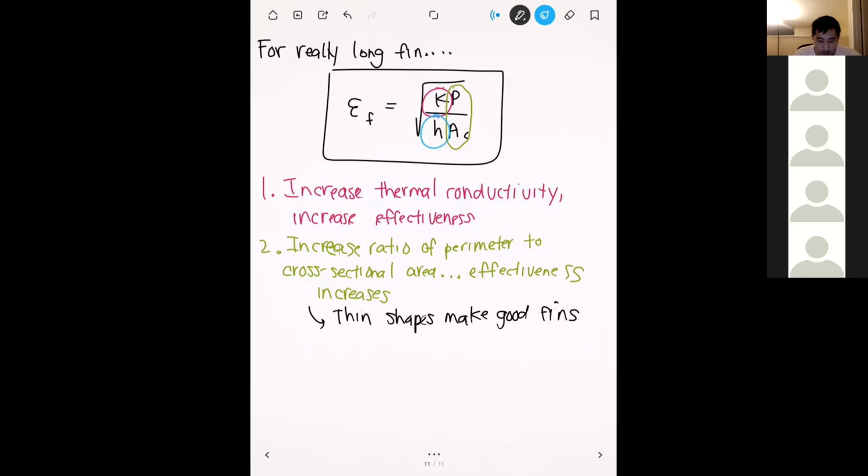Okay. And so the last one I want to highlight here is h. And so h here is in the denominator. What this basically tells us is if we increase h, this decreases the effectiveness of our fin.